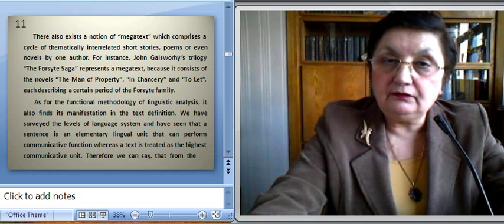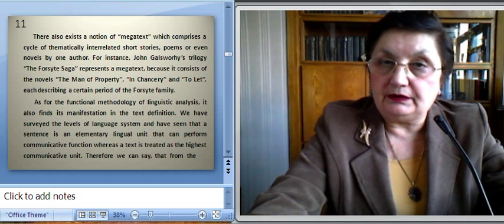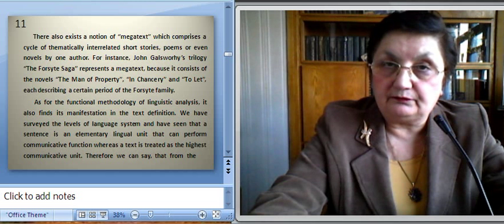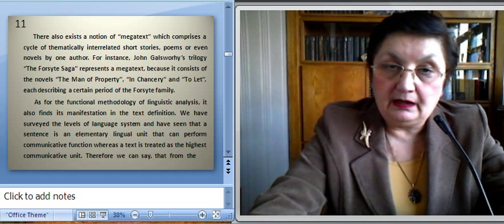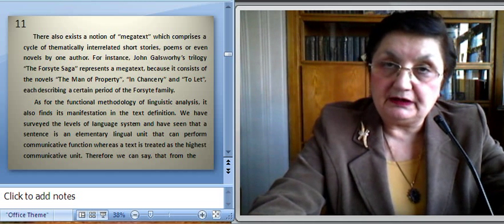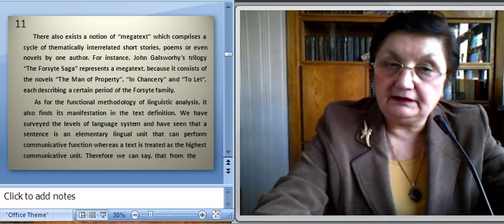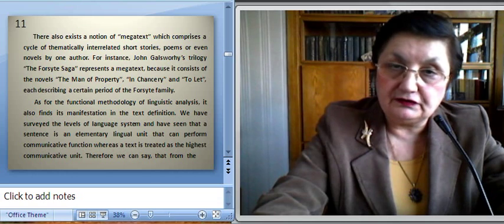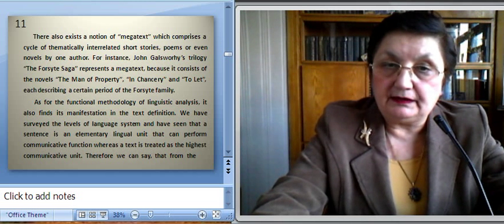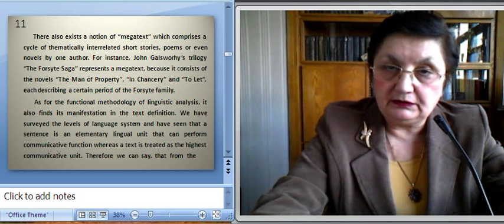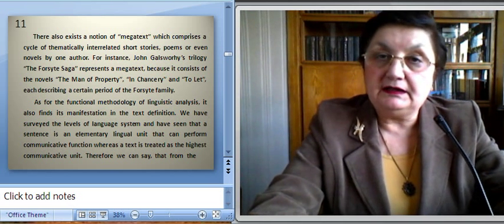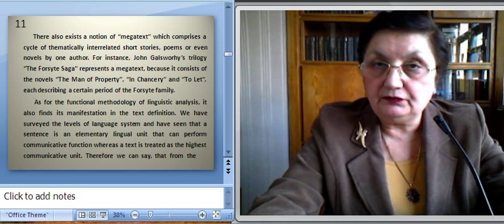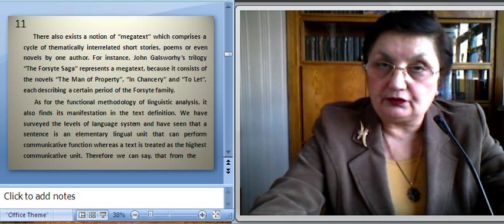As for the functional methodology of linguistic analysis, it also finds its manifestation in the text definition. We have surveyed the levels of the language system and have seen that a sentence is an elementary lingual unit that can perform communicative function, whereas a text is treated as the highest communicative unit.